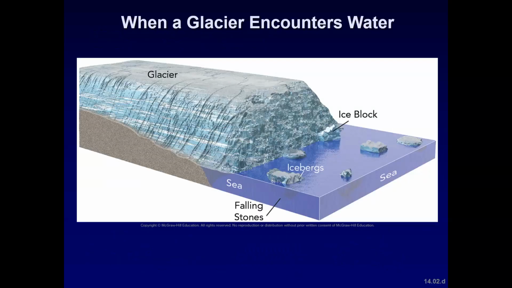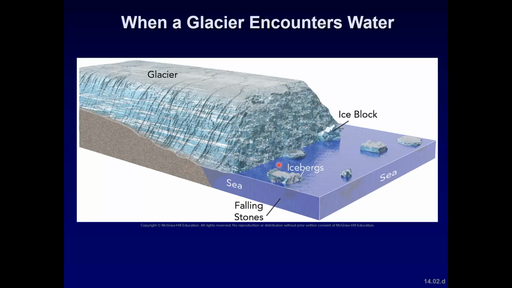So what happens when a glacier encounters water? You have our glacier here. We call it calving, actually, because it's like the glacier is giving birth to these little icebergs that break off when it hits water. It's common in an actively moving glacier. It doesn't indicate that the glacier itself is melting or retreating, but this is kind of a dynamic area.